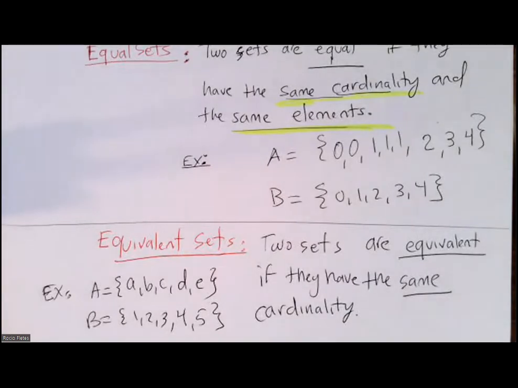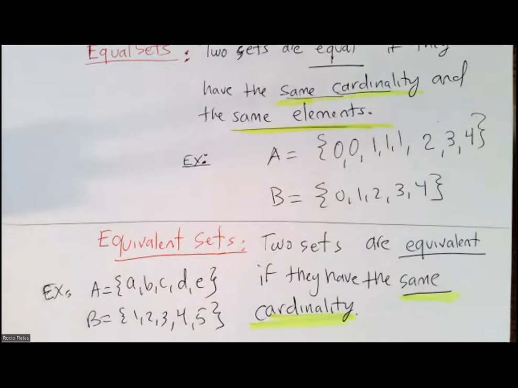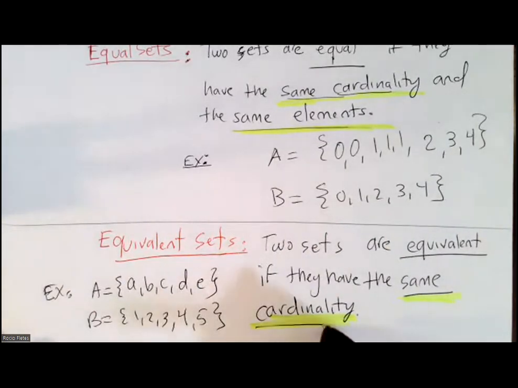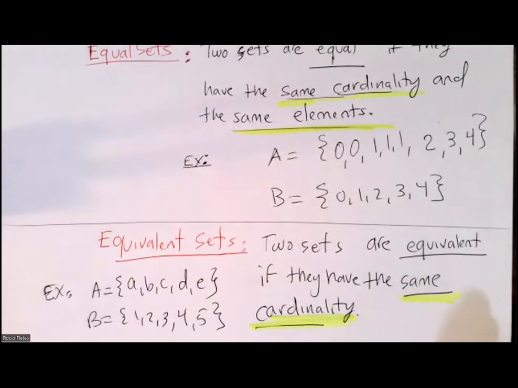The cardinality of both sets is 5. A has 5 distinct elements, 5 letters, and B has 5 numbers, 1, 2, 3, 4, 5. So therefore, these two sets are equivalent. The same cardinality is all we need to have equivalent sets.